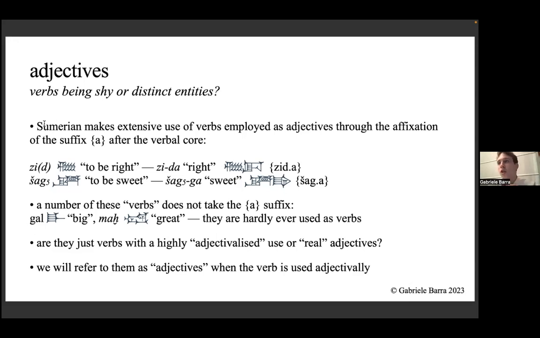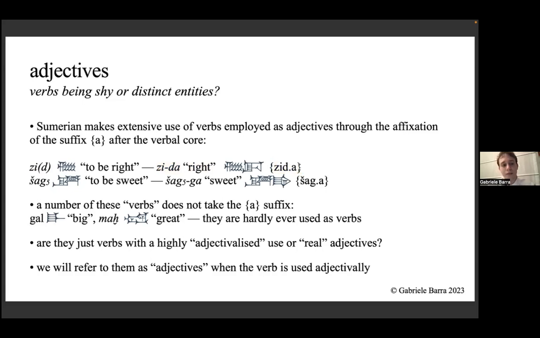So how do you turn a verb into an adjective? You take the verb and then you add a suffix to it. The suffix is a. So for example, the verb zid, which means to be right, becomes zida, right, or well, since it's a verb, being right.